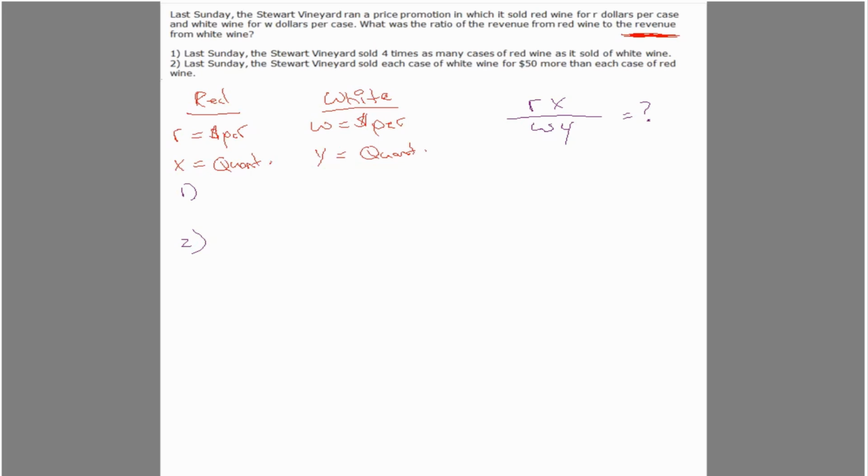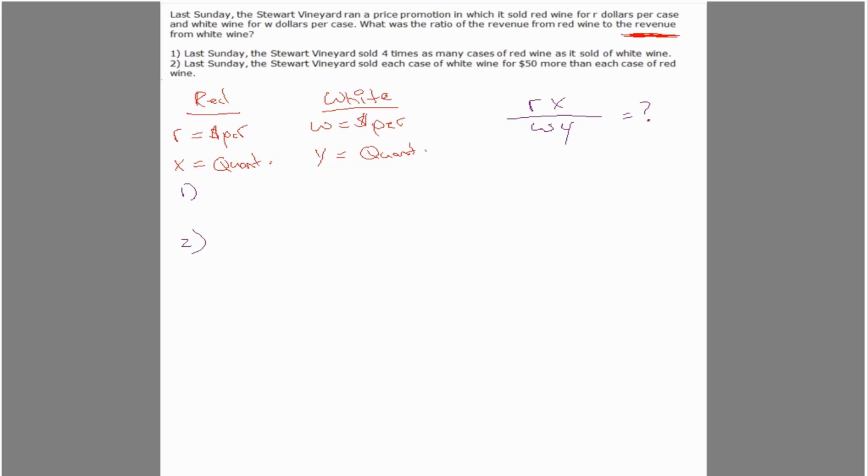The reason I say that is because statement 1 only refers to the number of cases, and statement 2 only refers to the dollar amount for the cases. So we're going to do two quick word translations, understanding that statement 1 and statement 2 alone are not going to work.